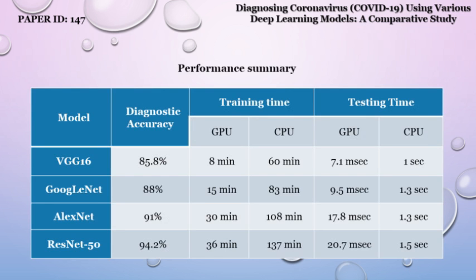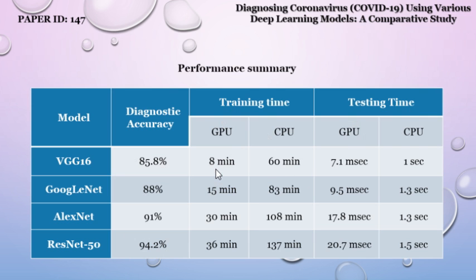This table is the general summary of performance for both platforms, CPU and GPU. You can see that the different models, VGG, GoogleNet, AlexNet, and ResNet, have the same diagnostic accuracy on the two platforms, CPU and GPU, but differ in training and testing time.